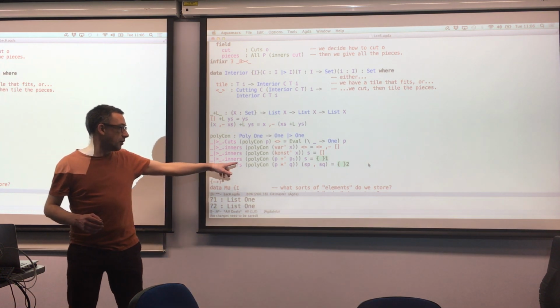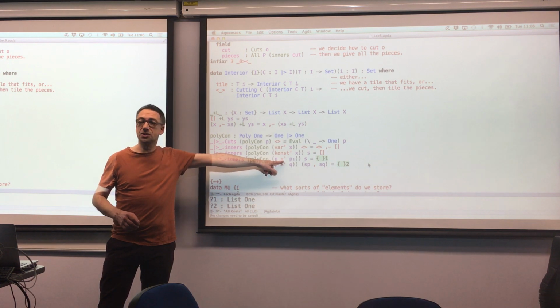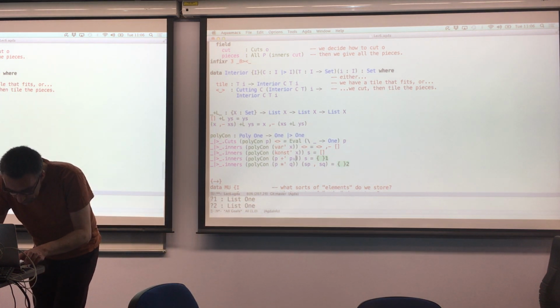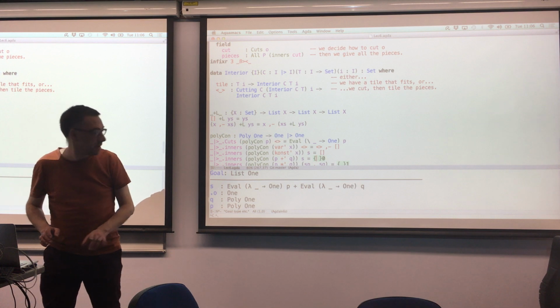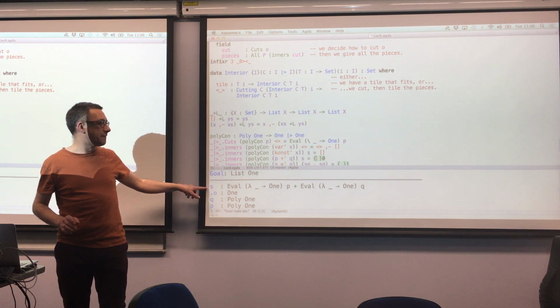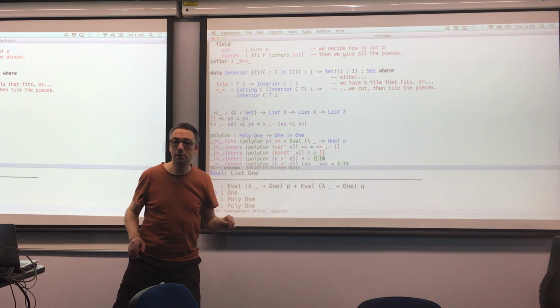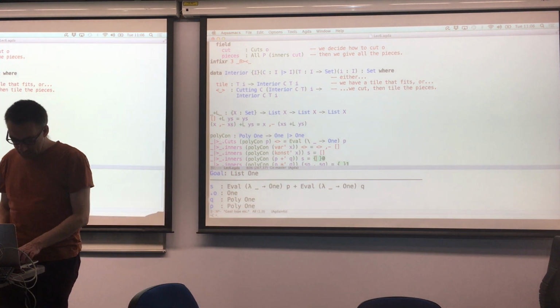If the polynomial offers us a choice, then we've got some work to do. You can see that our shape information is either a P or a Q.